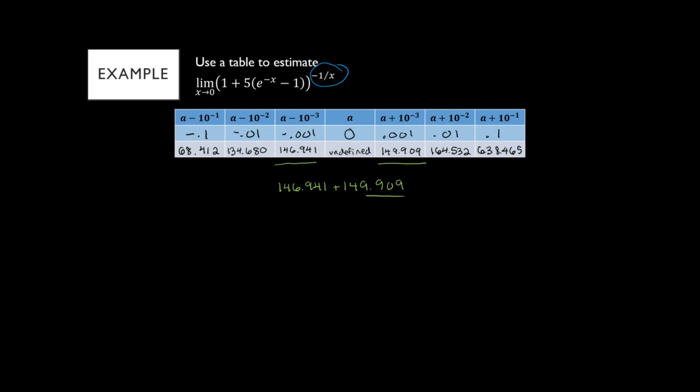And we'll just use our rounded values here. So when I average those, I get 148.425. So we'll say that our approximate limit is 148.425.